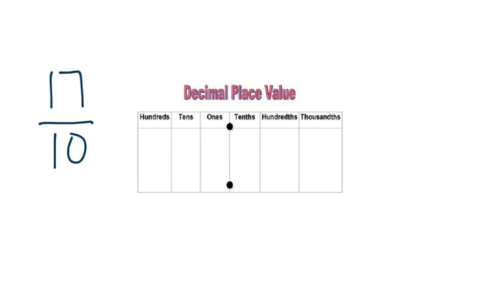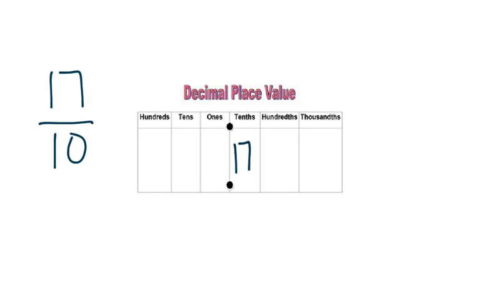And then in this example, we have 17/10. So you would think, okay, that's easy. I'm just going to write 17 in the tenths column, but that is not true. We can't do that because we can only write one digit per place value spot. And so there's a couple ways to think about it.